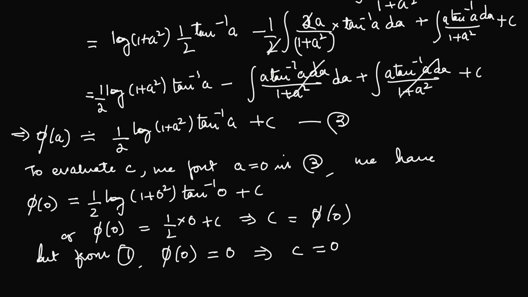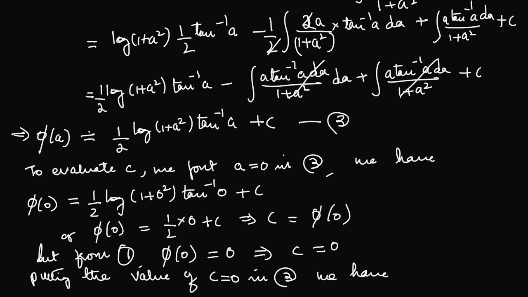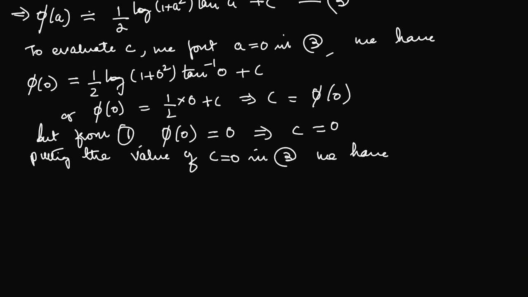Now putting the value of c is equal to 0 in this equation 3, we have phi of a is equal to half log of 1 plus a square tan inverse of a plus 0.